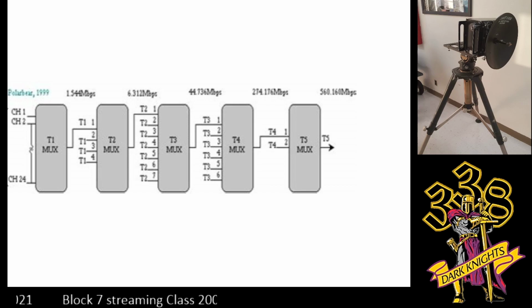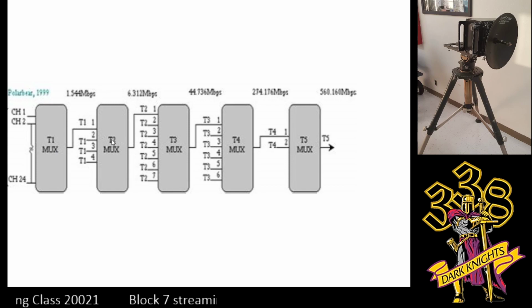Okay, I brought one picture up. I'm not sure if you guys can see it because it is kind of grainy, but what he's trying to say there is the T1 mux. You'll have channel 1 through channel 24, and that makes one T1. So in a T2 mux, you're going to have 4 of these T1s with 24 channels each coming in. Now, each one of those T1s is right around 1.544 megabits per second.